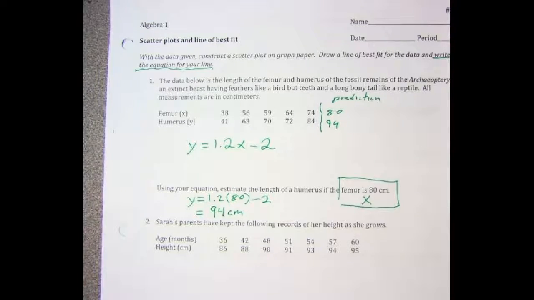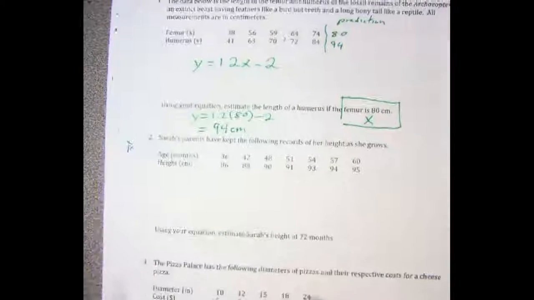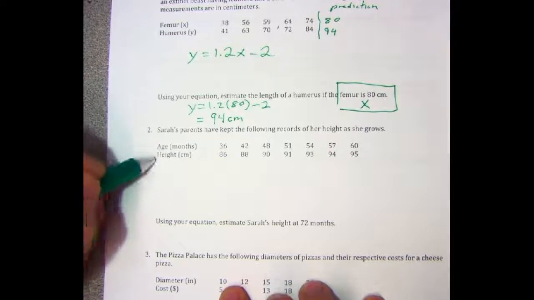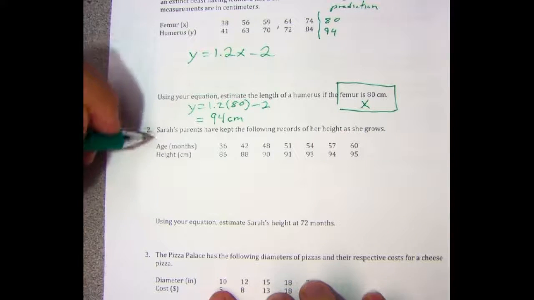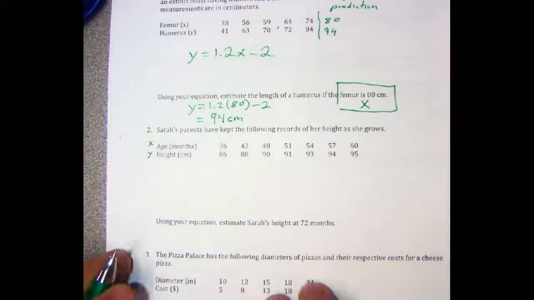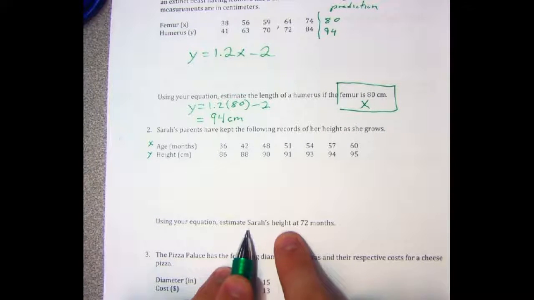Okay? Now, usually time is always on the x, so you might look at these and say, which one should I put on the x, which one on the y? Usually age or time is always on the x. Another way of looking at it is that whatever you're trying to predict goes on the y.